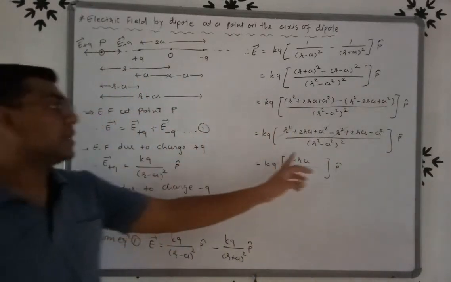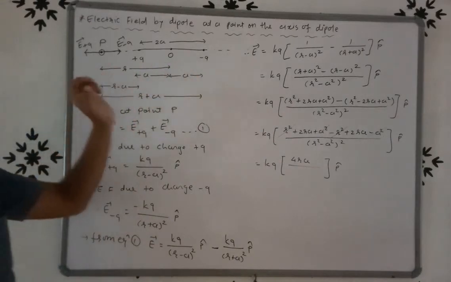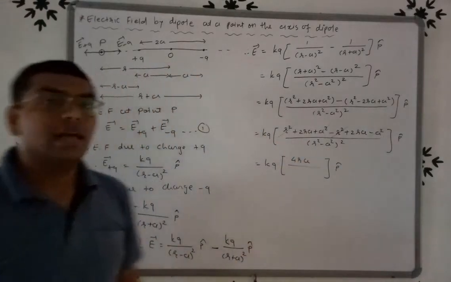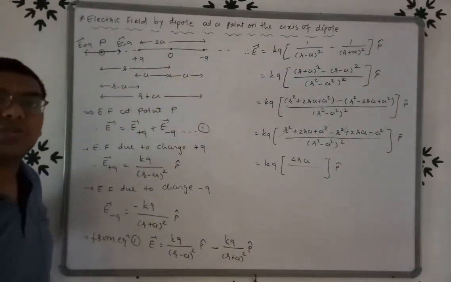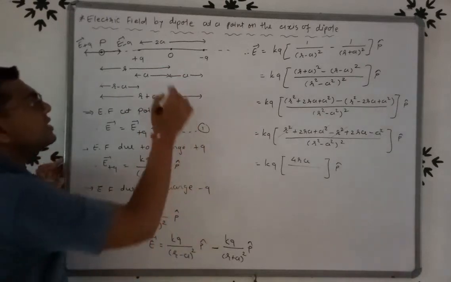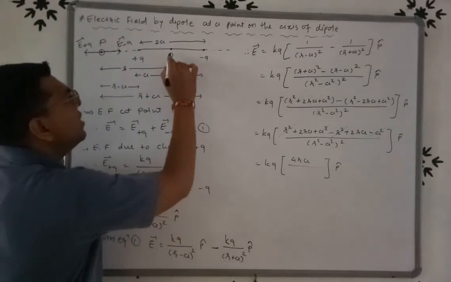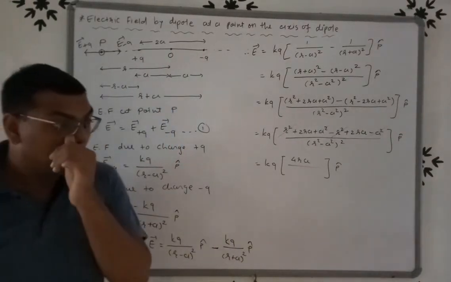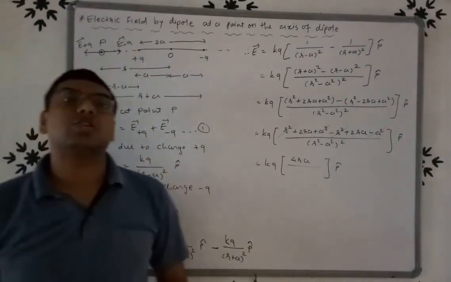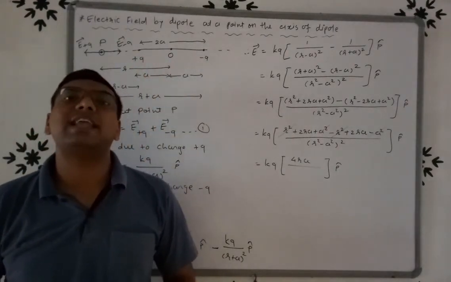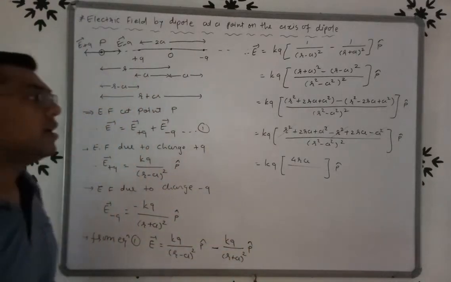Here see, r is the distance from midpoint to point P, and 2a is the distance between two charges plus q and minus q, and a is the distance from midpoint to charge plus q, or we can say midpoint to charge minus q. Now this distance between two charges plus q and minus q, 2a, is very less as compared to this distance r, right?